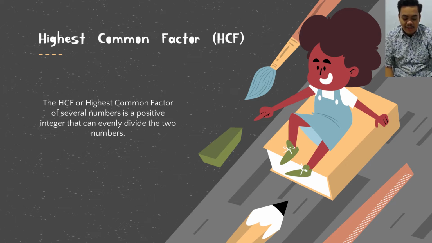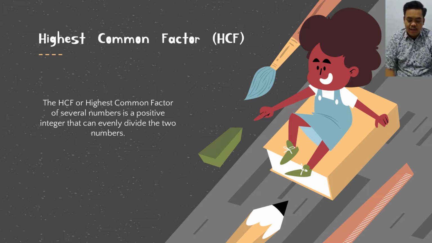Actually, the application of GCF is not only for two numbers, but it can also be for three or more numbers depending on the needs. However, in the mathematics material for LCM and GCF in elementary school, it is usually limited to GCF of two numbers.